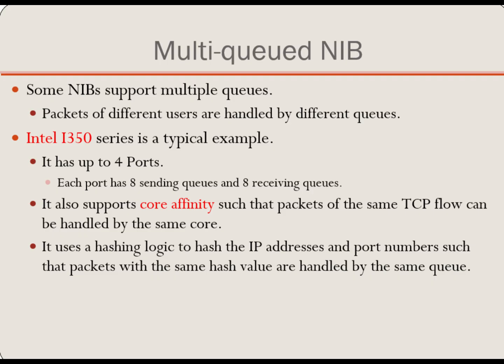Then the data you want to send out always goes to the first queue, the 0, 0 queue. If the last 2 bits of your process ID are 0, 1, then you always go to the 0, 1 queue. Something like this.